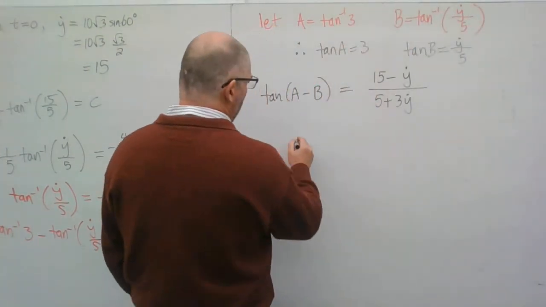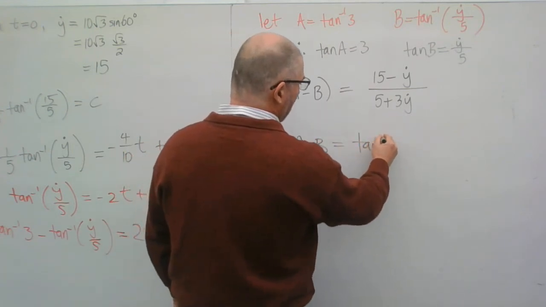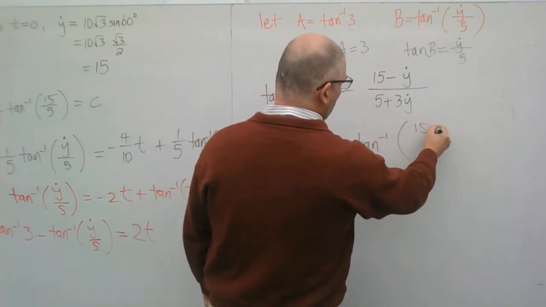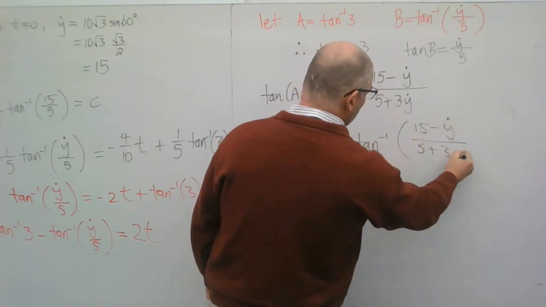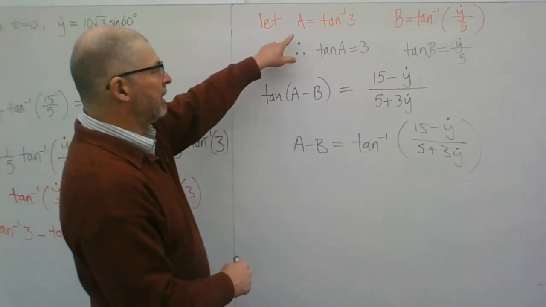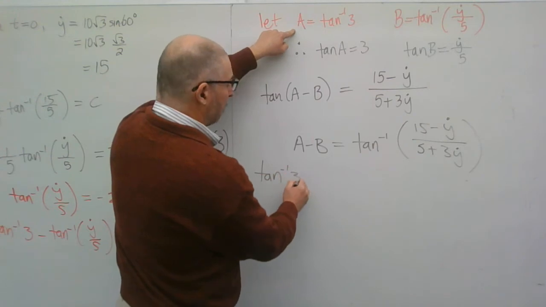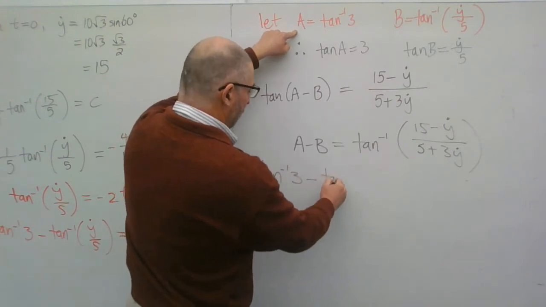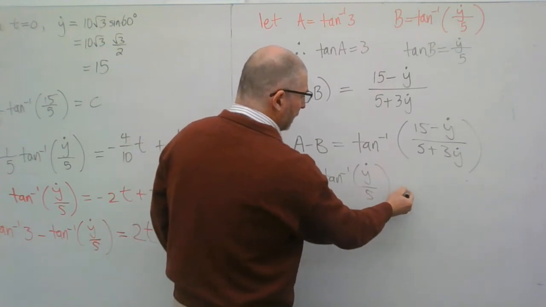So A minus B is equal to inverse tan of 15 minus y dot on 5 plus 3y dot. But what's A minus B? That's inverse tan of 3 minus inverse tan of y dot on 5 is equal to this.